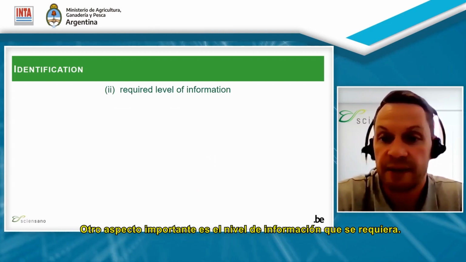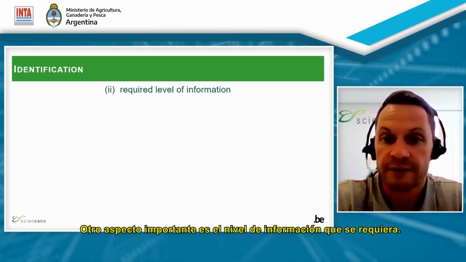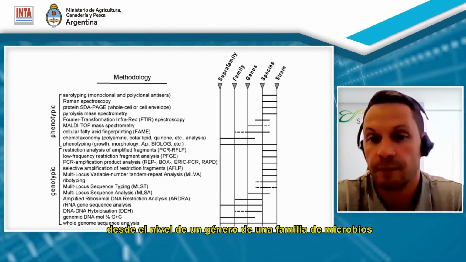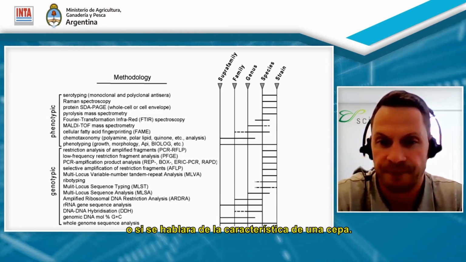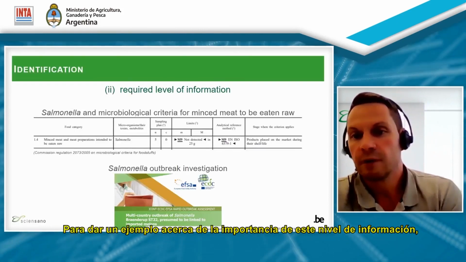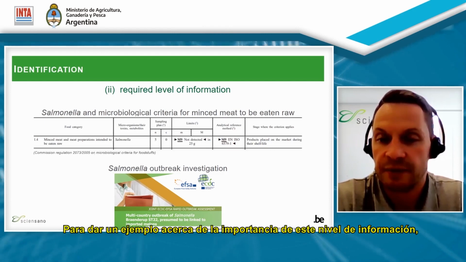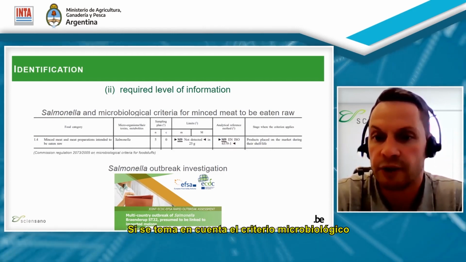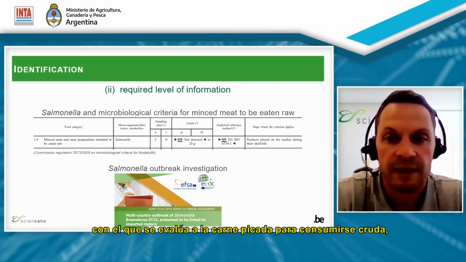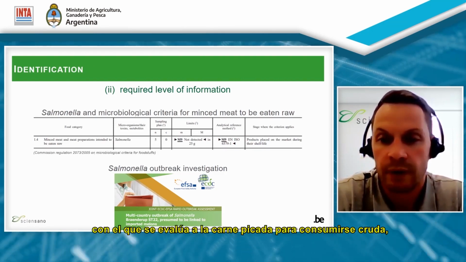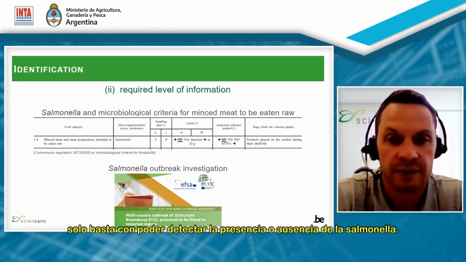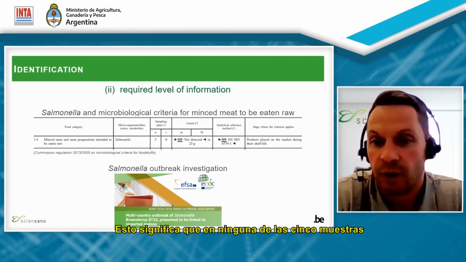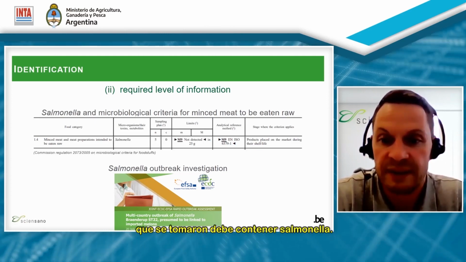Another important aspect is the level of information required. Methods vary in their resolution from family or genus level up to strain characterization. To give an example of the importance of level of information, let's have a look at Salmonella. Taking into account the microbiological criteria for minced meat intended to be consumed raw, presence or absence of Salmonella is sufficient. This means that in none of the 5 samples of the sampling plan, Salmonella should be detected.